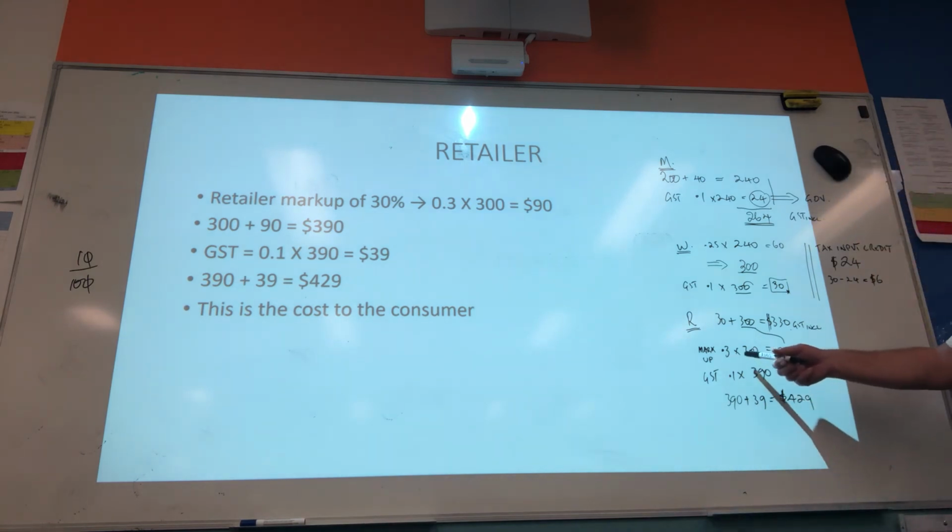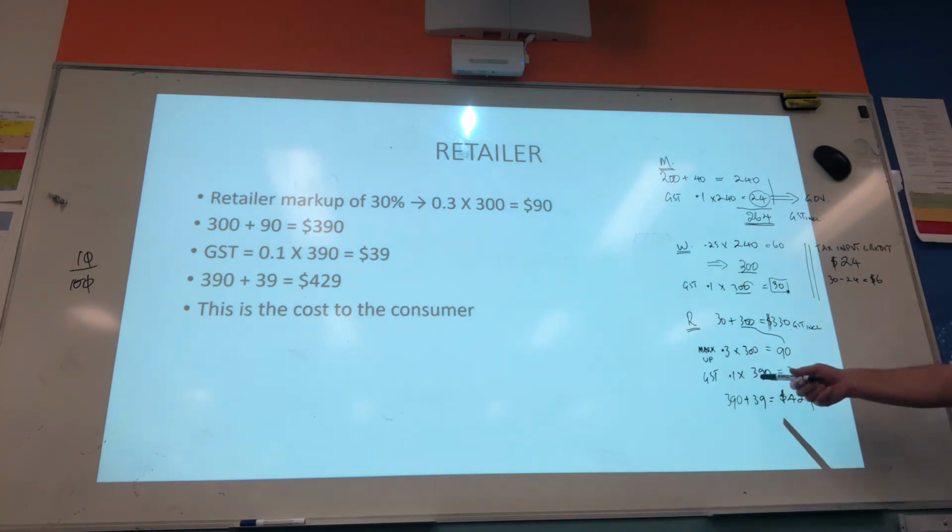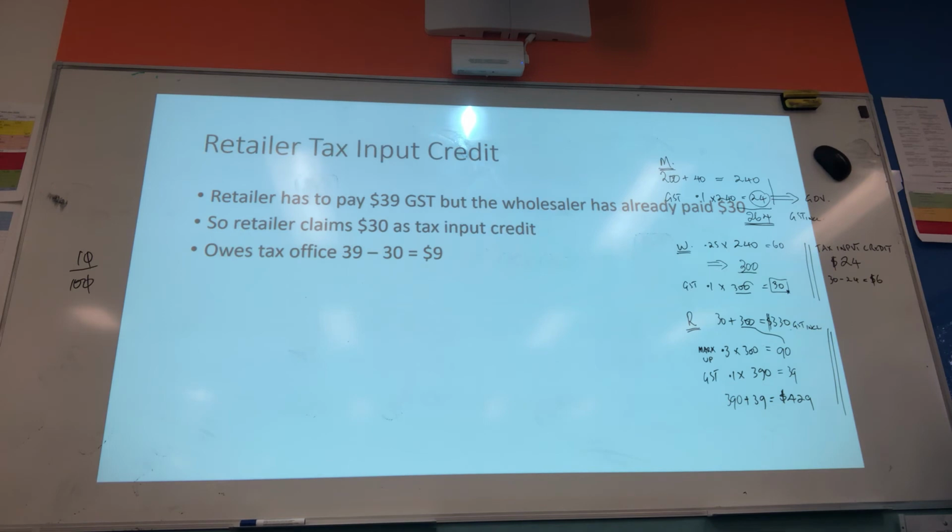The retailer has put a markup on it, and then because the retailer is selling a good and providing a service as well, the tax is another 10%. But what's happened is this guy has effectively paid $30. So someone else has paid the $30 out of the $39.